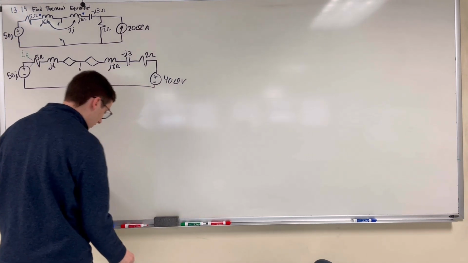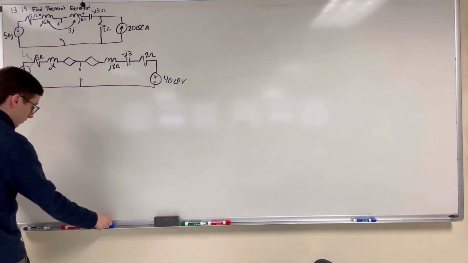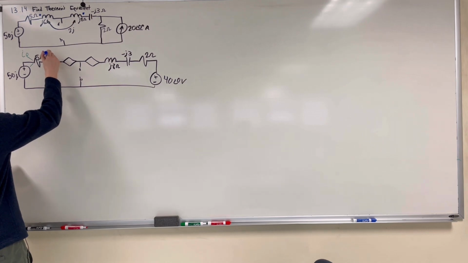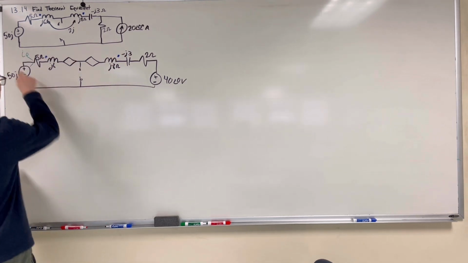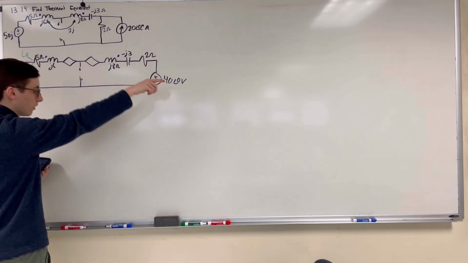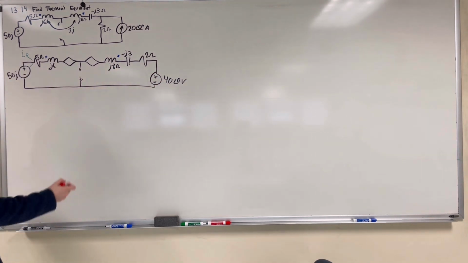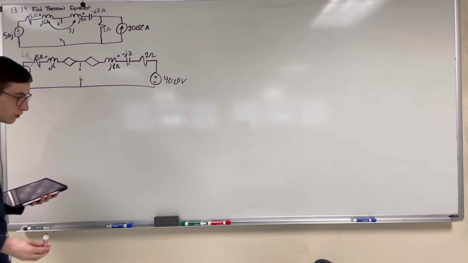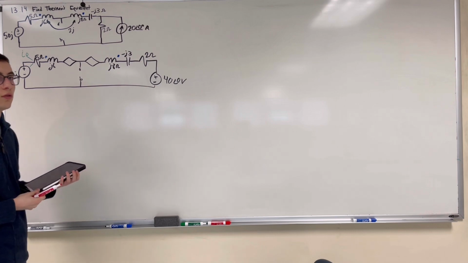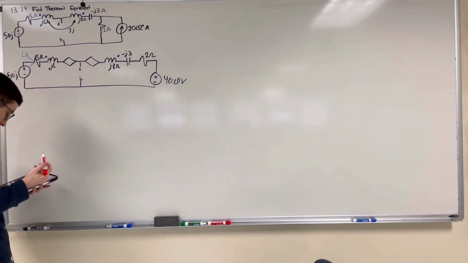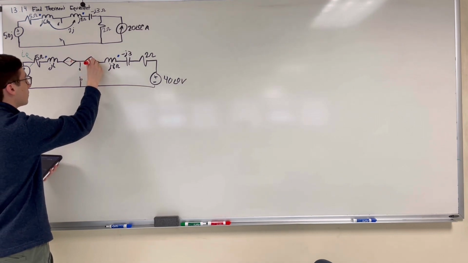Okay, so that means since we have negative dot convention, because the current enters right here and leaves over there, our dependent sources also have to be defined with a voltage rise. So that means we're going to have plus minus and plus minus.